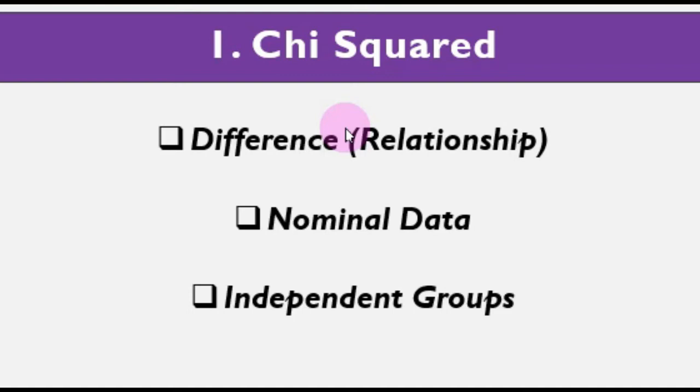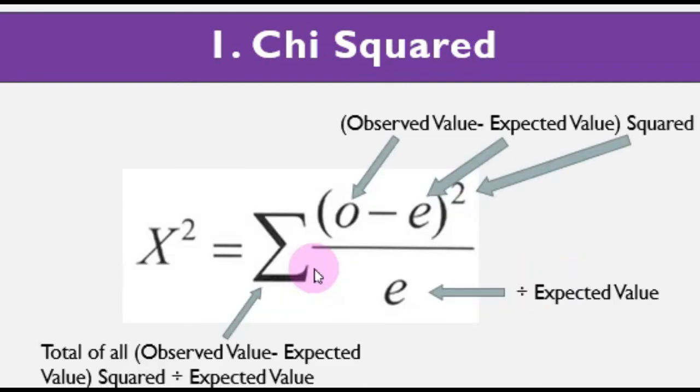Kapag correlational kasi, or si Pearson r, relationship din siya. However, ay linear relationship yung gusto nating makuha doon. Okay? So, ginagamit to also for nominal or categorical data and with an independent groups.